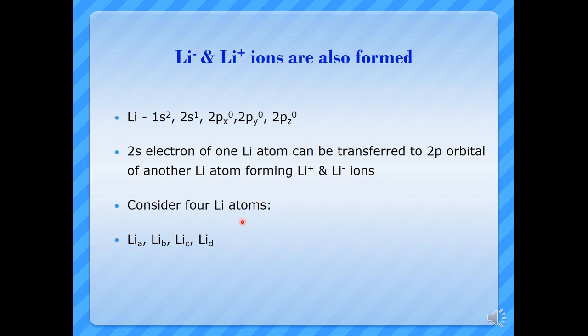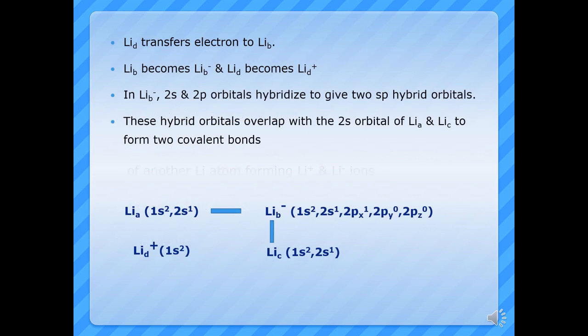Now let's consider 4 lithium atoms. To distinguish between these lithium atoms, we are calling them Lia, Lib, Lic and Lid atoms. Suppose the lithium Lid atom transfers an electron to the Lib atom. We know the configuration is 1s2 2s1.